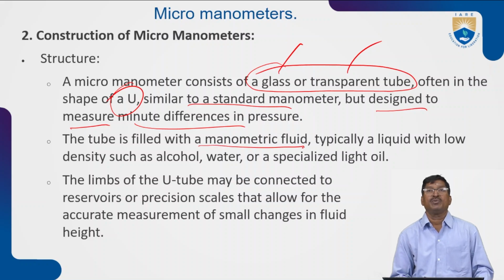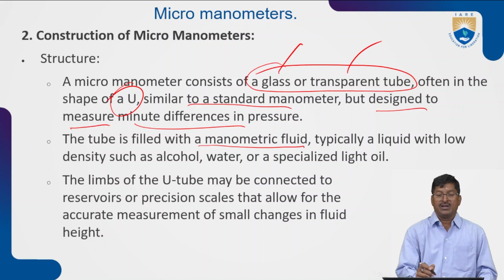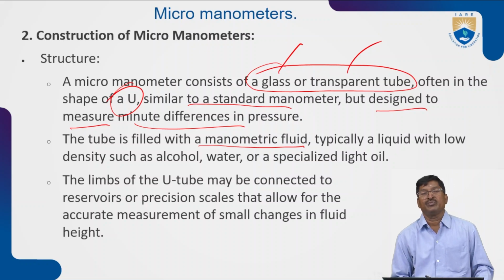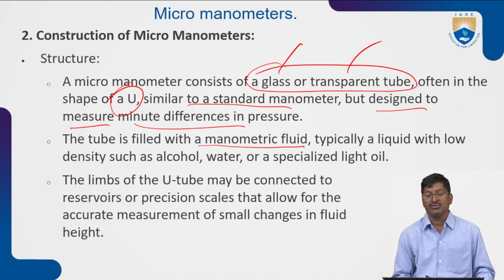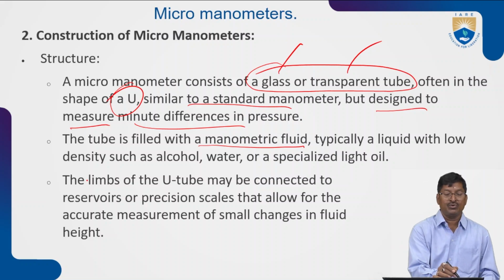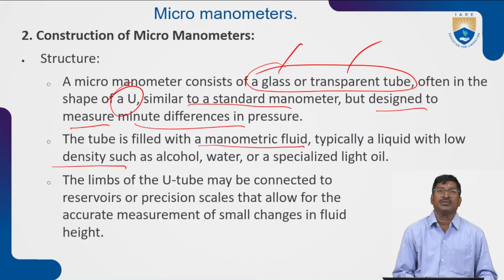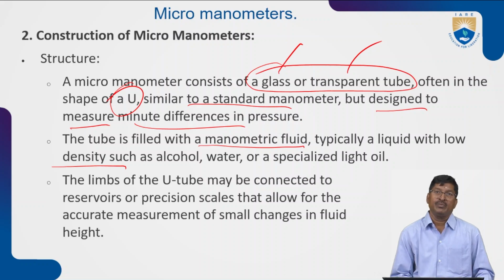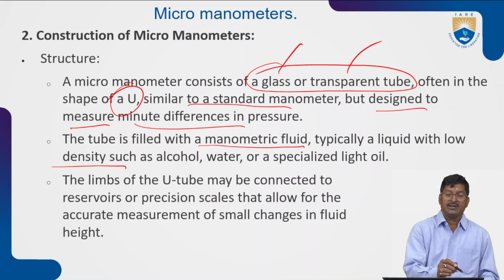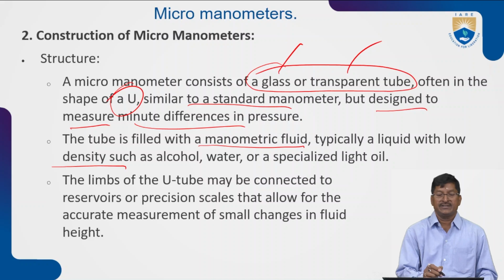So here the manometric fluid is there. What type of manometric fluid are we using? You can see now, typically a liquid with low density. We have mercury, water, and oils. Here, the manometric fluid is alcohol. Okay.